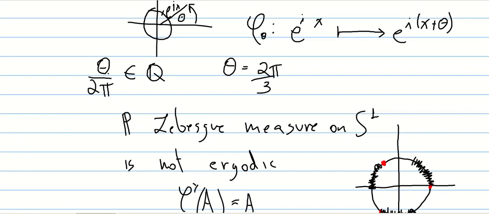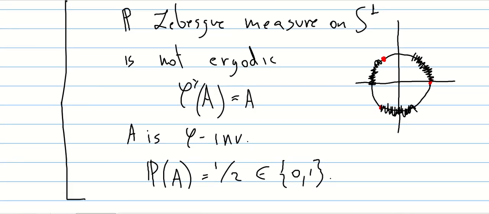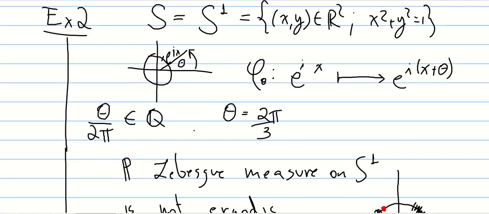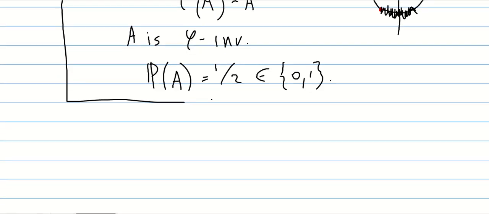So this second example is an example of a measure P which is not ergodic with respect to this rotation. And of course we could also phrase this in the shift case.